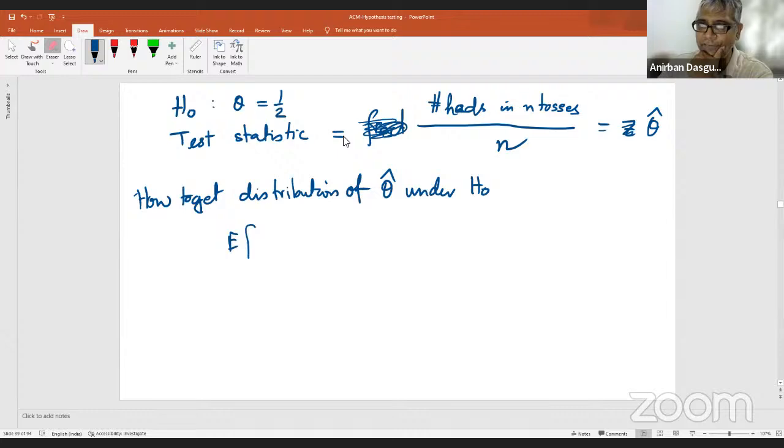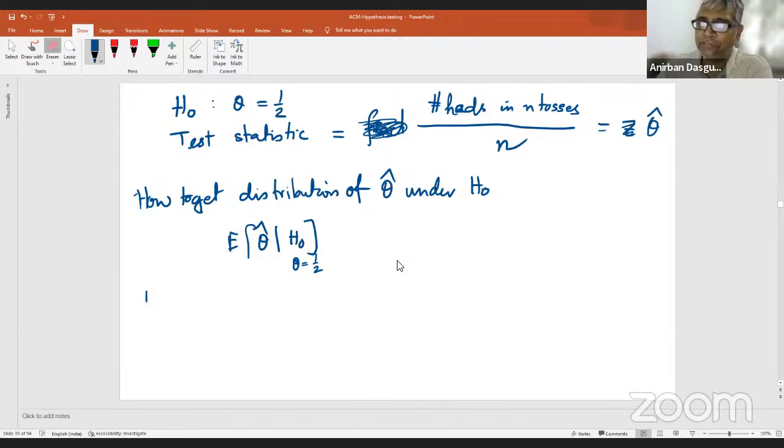What is the expectation of theta hat under H0? See, H0 is saying that theta equals half. Any thoughts? How can I get this?